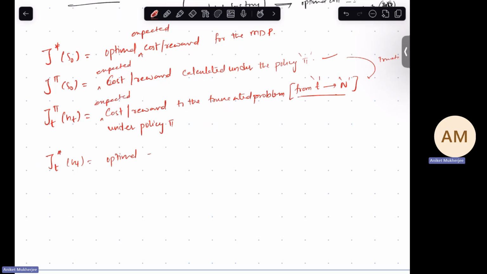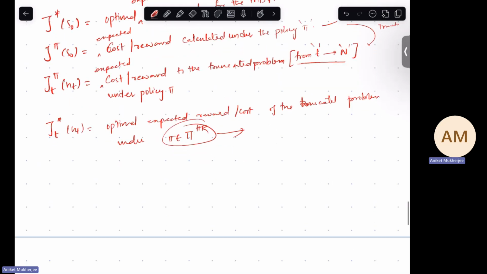So optimal expected reward or cost of the truncated problem under pi belongs to history dependent randomized policies.